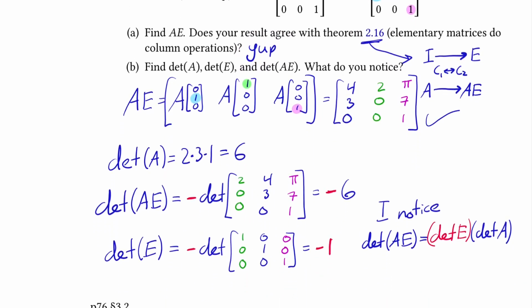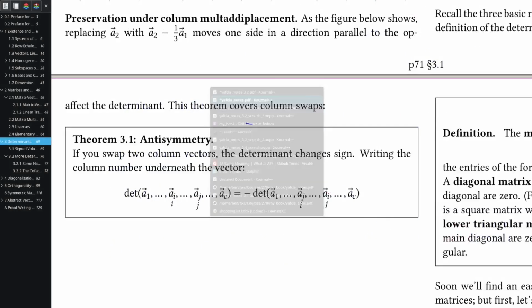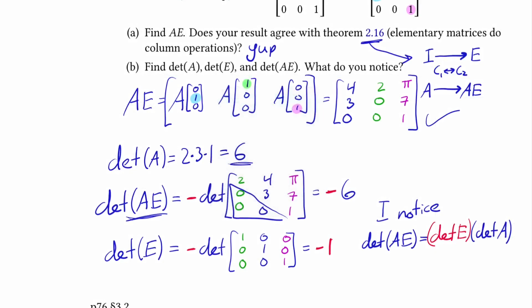Now, when I found these three determinants, the determinant of A is 6. The determinant of AE, well, to go back to a nice triangular matrix, we need to swap two columns, and swapping two columns using the anti-symmetry theorem is the opposite, -6.